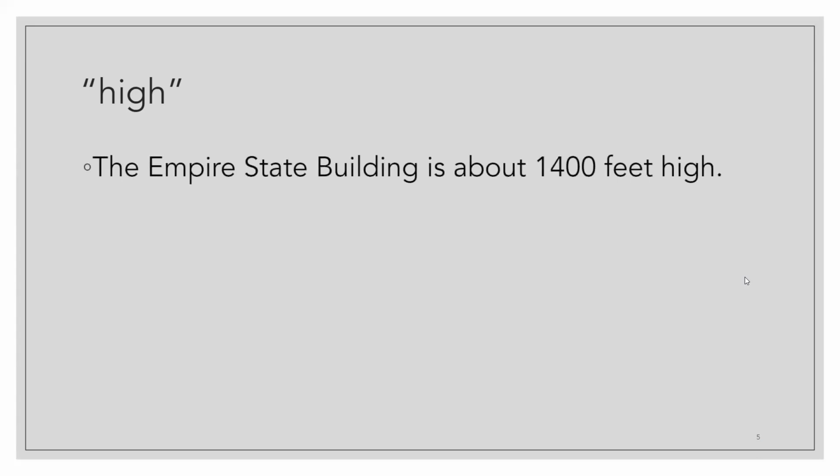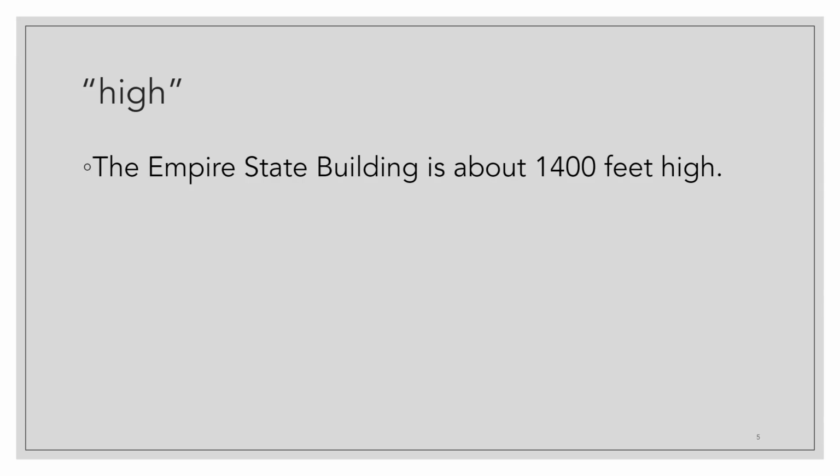Then you've got context, where I could say hi when I'm talking about the Empire State Building. One of those meanings dealt with the height from the ground to the top. If we measured the building, this high would be synonymous with tall. We would say the Empire State Building is about 1,400 feet tall.